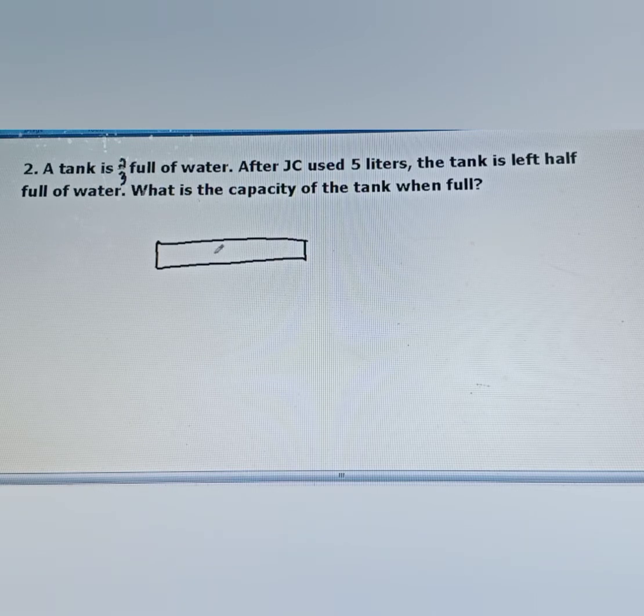Then we need 2/3, so we need to divide this into 3 equal parts. Assuming these 3 parts are equal, the water is up to here, 2/3 full.